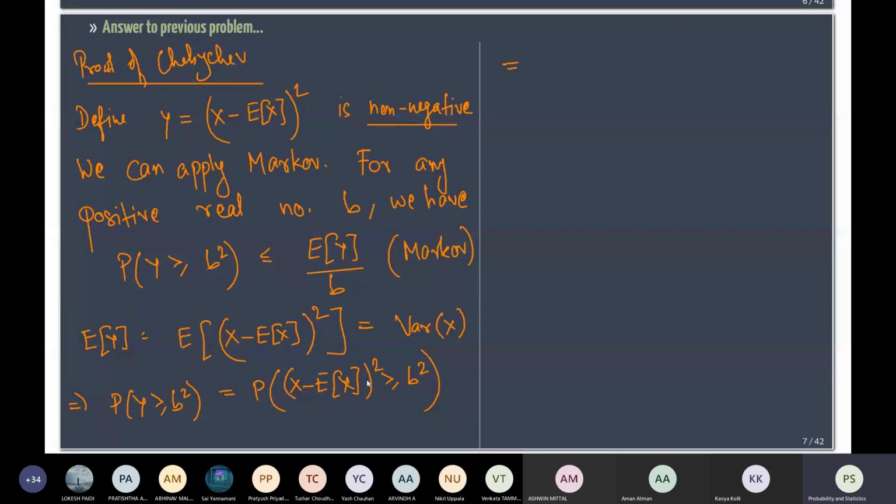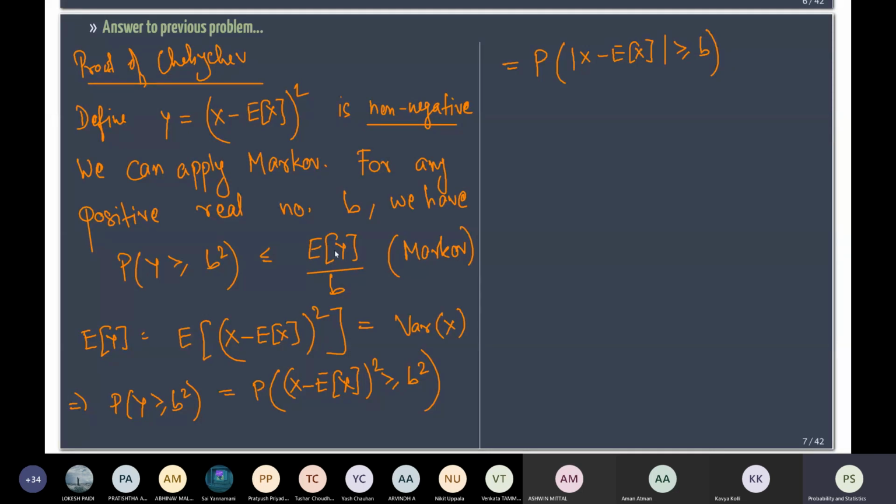So this is the same thing as saying the probability that the mod of x minus expectation of x is greater than or equal to b. This is the same thing, right? So yes, this is equal to this, and this will be less than or equal to variance.